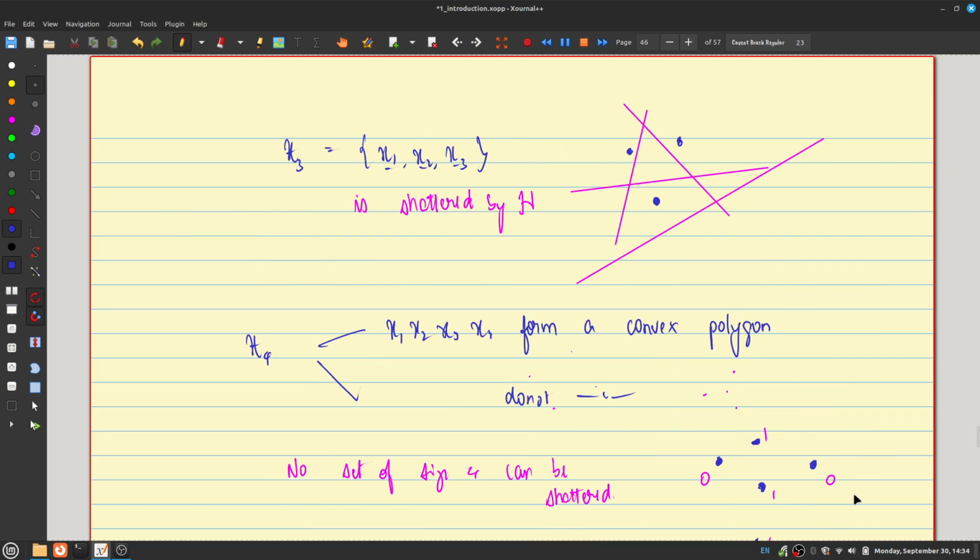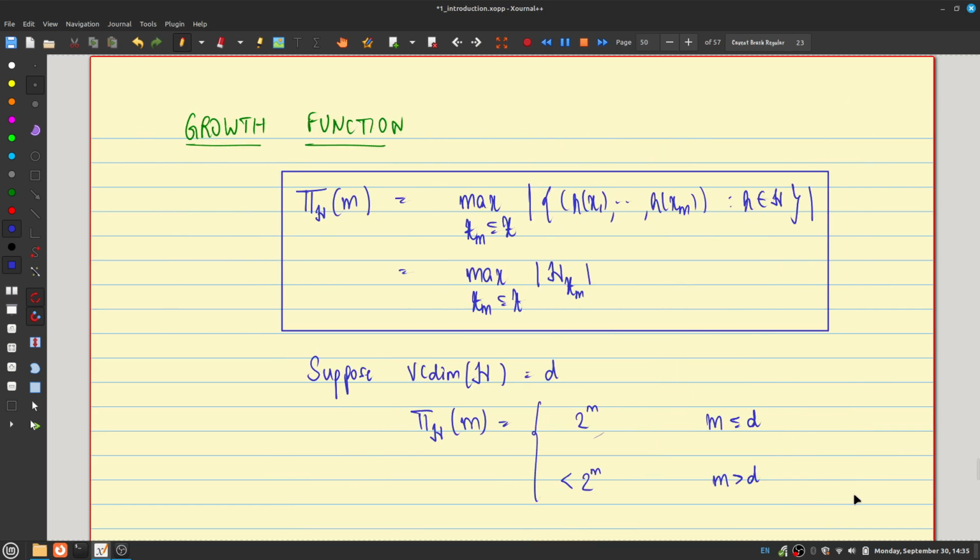And very closely related was the growth function, which is a function of m or n. So the growth function phi_H of m is the size of the largest restriction of the hypothesis class among all subsets of size m.